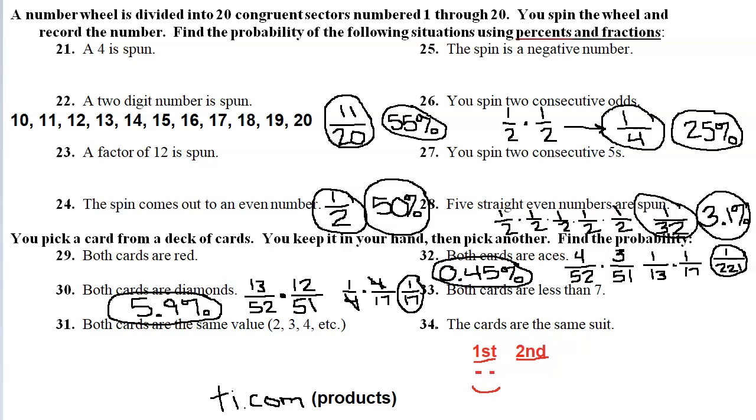It doesn't actually matter what you got first. The second card will have a 12 out of 51 chance of matching the first card. So that's it. You don't have to worry about multiplying anything out because the first card could be anything. You reduce that, and you end up getting 4 over 17.